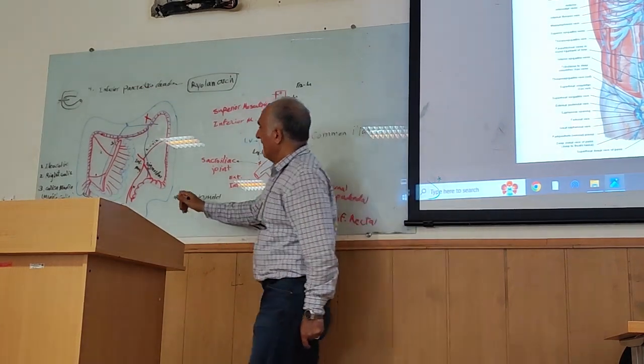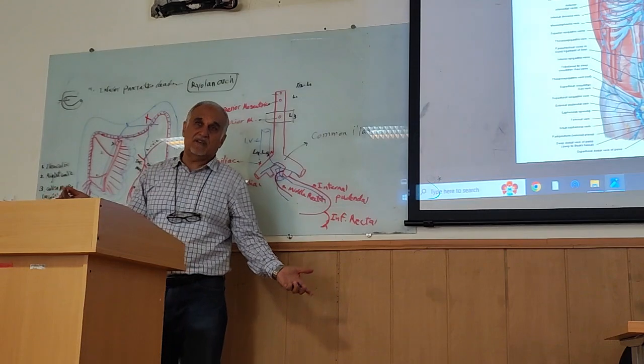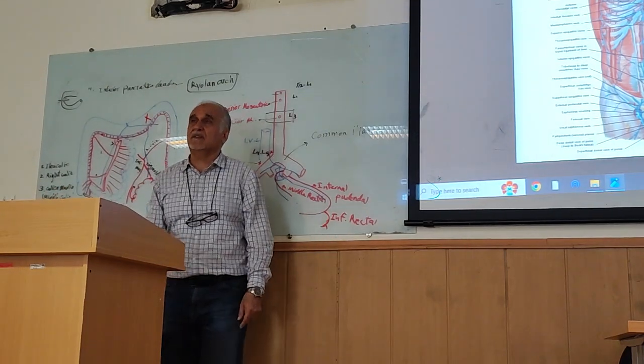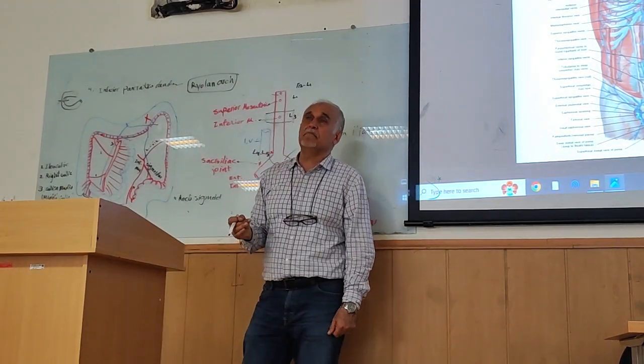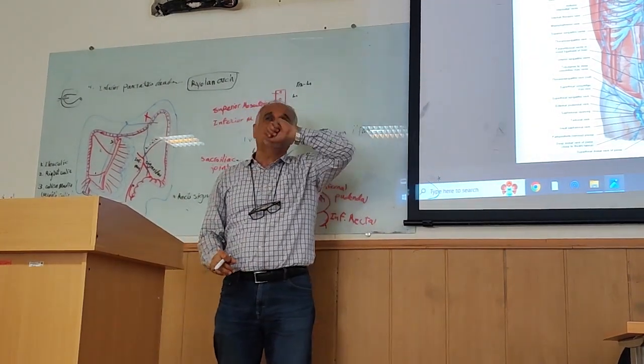So these two reach the IVC, and these two join to the portal vein. Or in other words, they make the portal vein that goes to the liver.